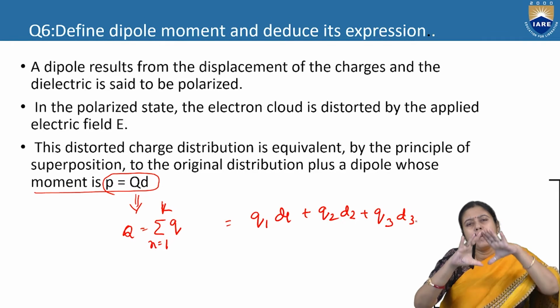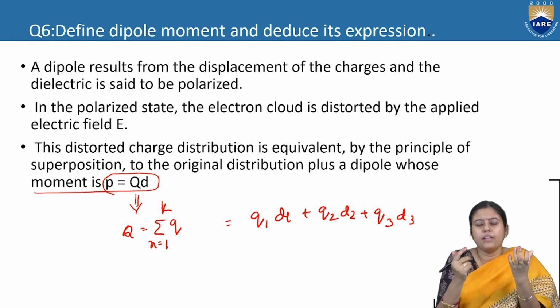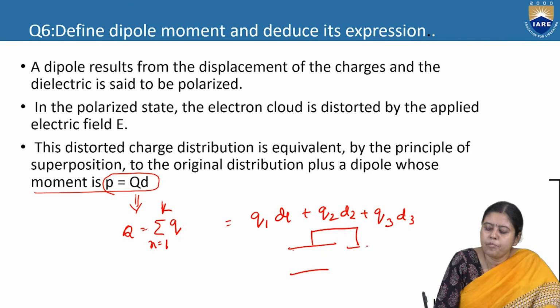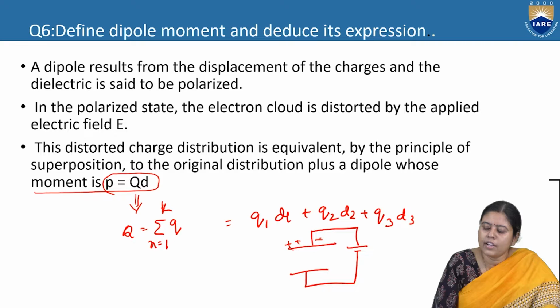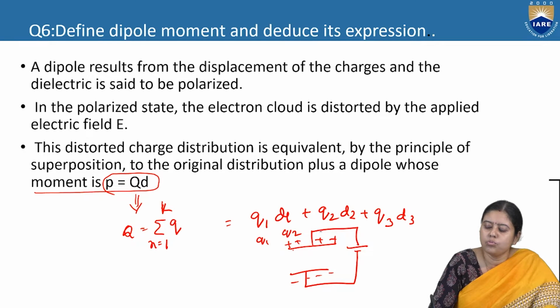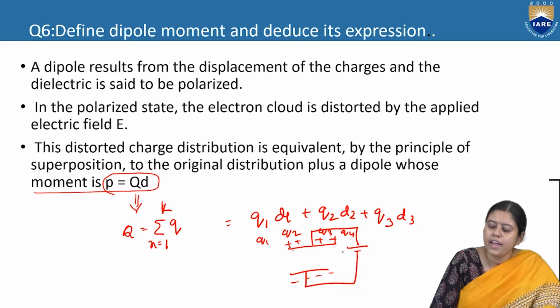If there are many charges, positive and negative, in a dielectric connected to a battery, all the positive ones are on one side and all the negative ones on the other. The values are Q1, Q2, Q3, Q4 and also minus Q1, minus Q2, minus Q3, minus Q4, and the distances may be the same or different.